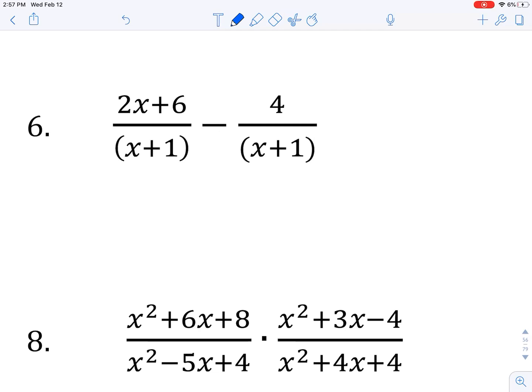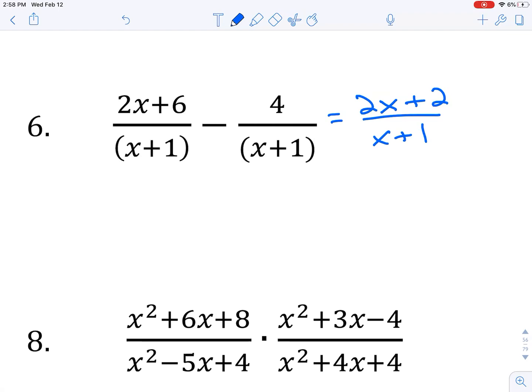Okay, so since these ones are the same, they're both x plus 1, I can just add straight across and combine like terms. And I get 2x plus 2 over x plus 1. Now there would be some credit taken off for this problem because it's not fully simplified.